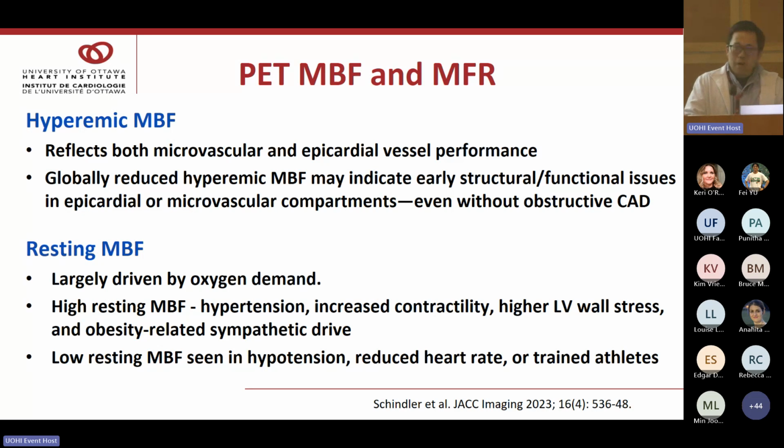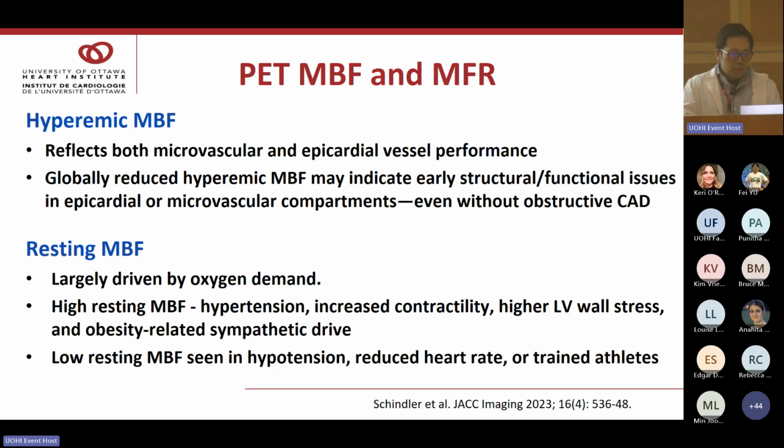So let's talk about hyperemic and resting MBF. Hyperemic or stress MBF reflects both microvascular and epicardial performance. Reduced stress MBF may indicate early structural or functional problems in the epicardial or microvascular compartments, even without obstructive CAD.